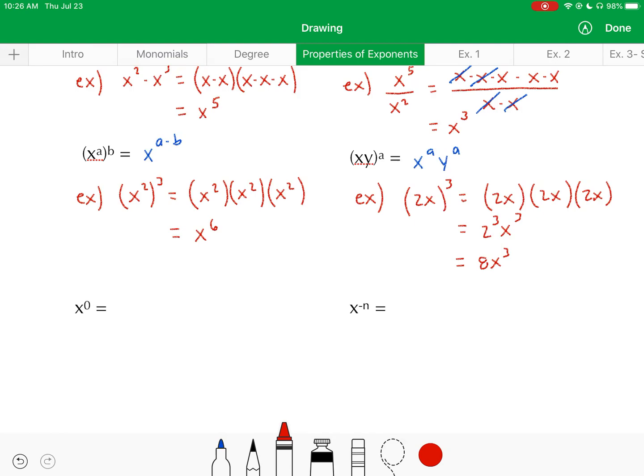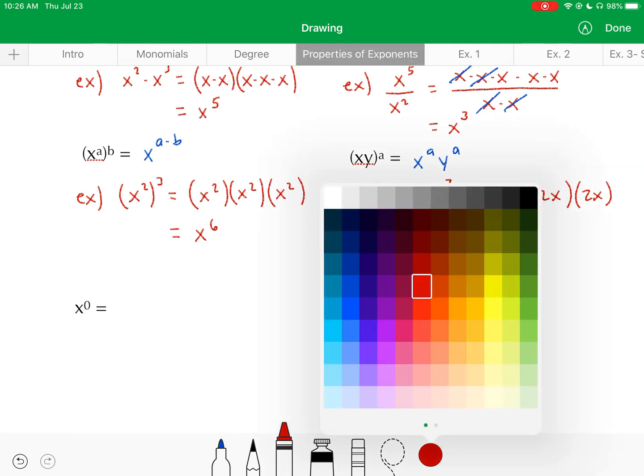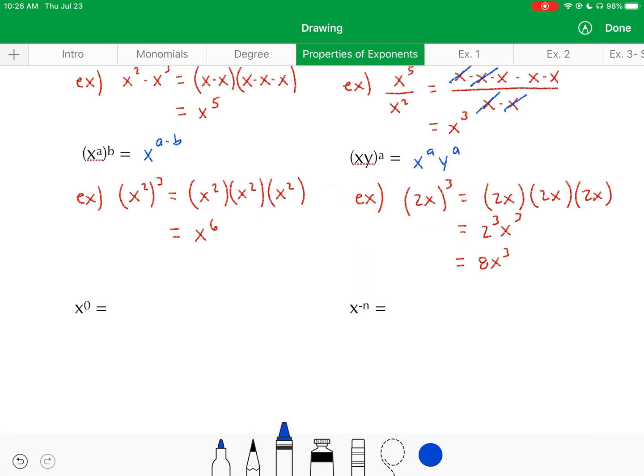Okay, what about x to the 0 power, right? Anything to the 0 power is actually defined to equal 1, all right? Now, an example of this, or a proof, I guess I'd say, is actually based off of the quotient property. So let's say I'm working with x to the power of m over x to the power of m. Well, we know that if you divide something by itself, it equals 1, right?